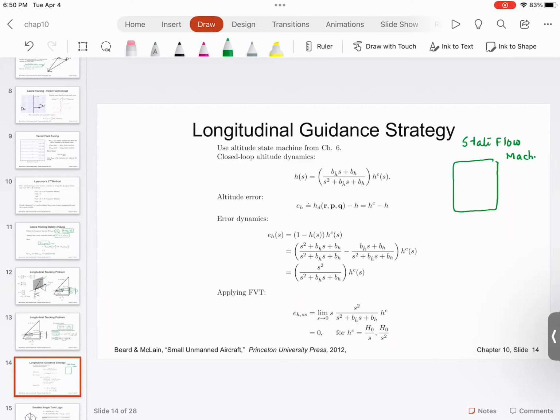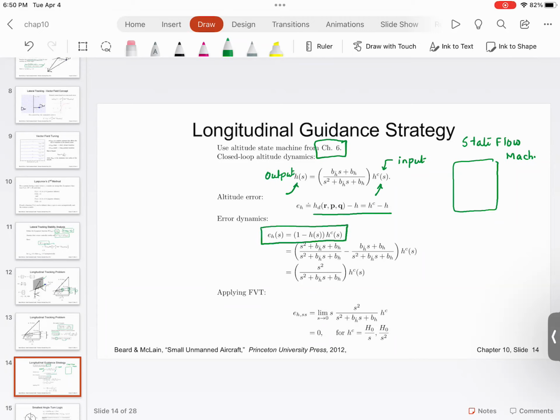And what you do is you have HS, HC. This is the output. This is the input. Believe it or not, we derived this equation in chapter 6. Then we find this error, HC minus H, and at the end we come up with this error dynamics.